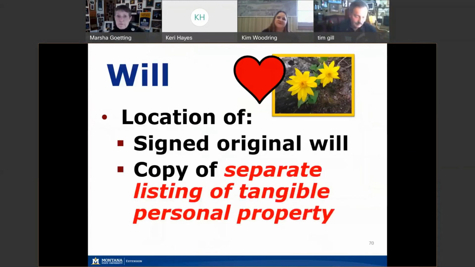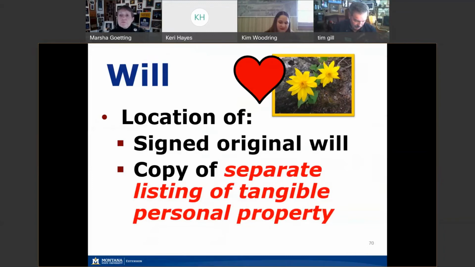All right, Marsha. So these will be all items related to something that's near and dear to your heart in honor of the heart leaf arnica. So you're going to want to know the location of your will, the signed original will, whether it's with you in your lockbox or at your lawyer's office, and make sure you have a copy of a separate listing of tangible personal property.